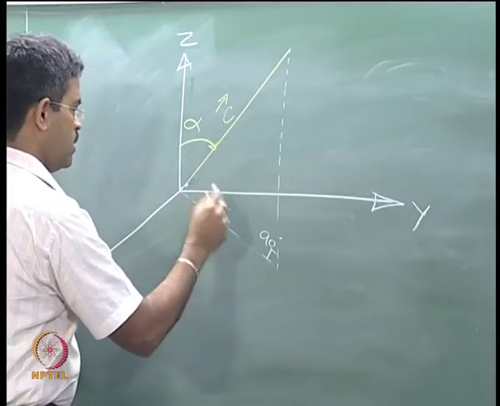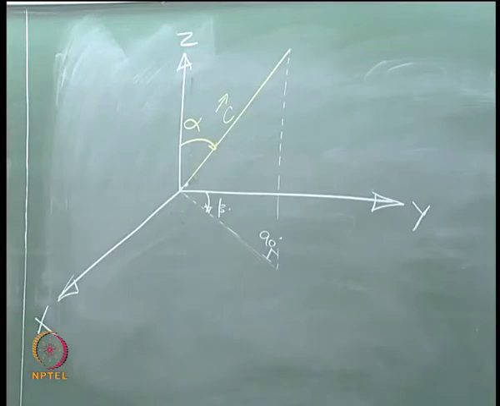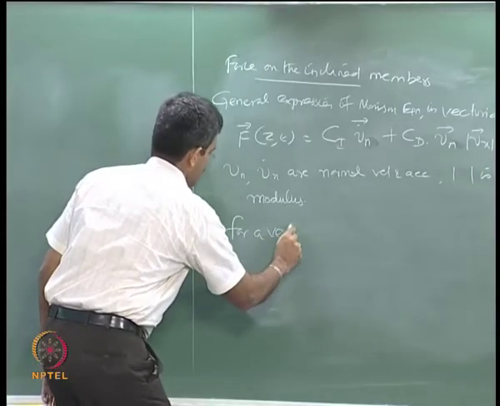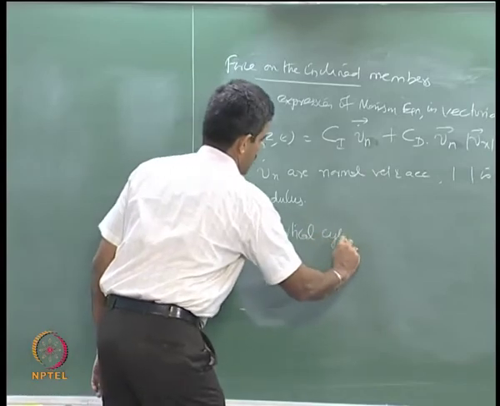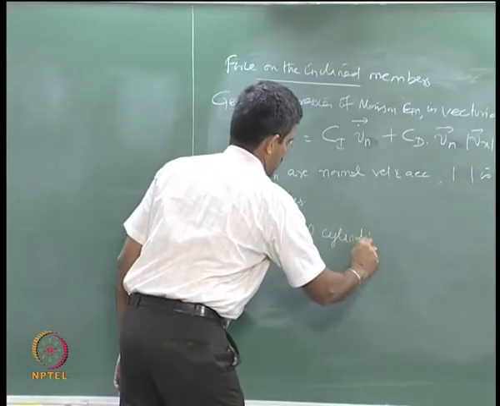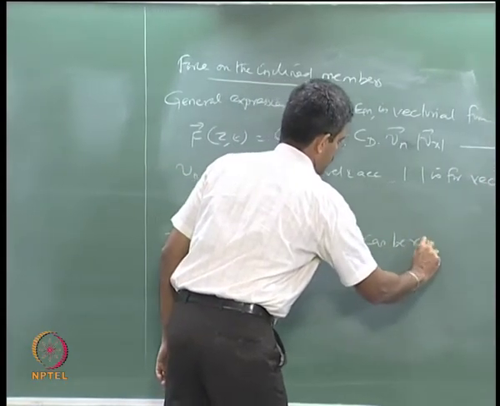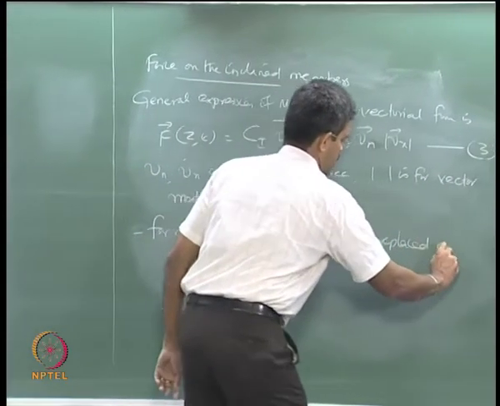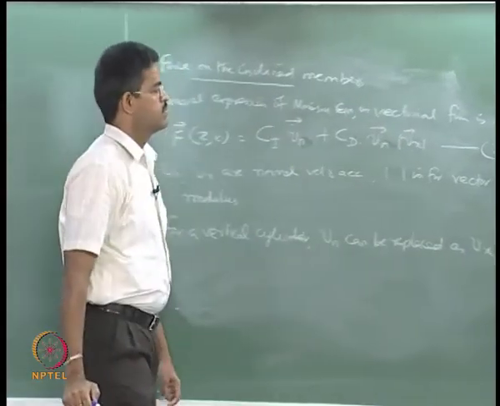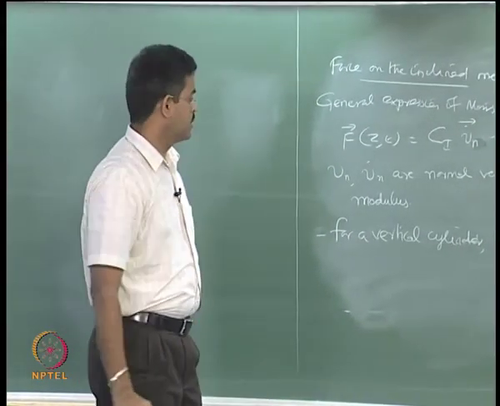And let this be beta. So, for a vertical cylinder, Vn can be replaced as Vx, because the force is normal.